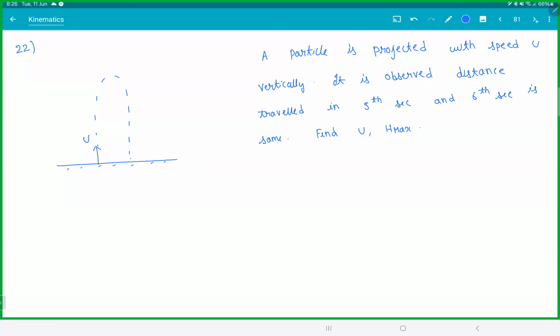How do we do this? Yeah, right, Rehan. Assume g is 10. Nothing is given, take g as 10. I told you that in the beginning only, right?